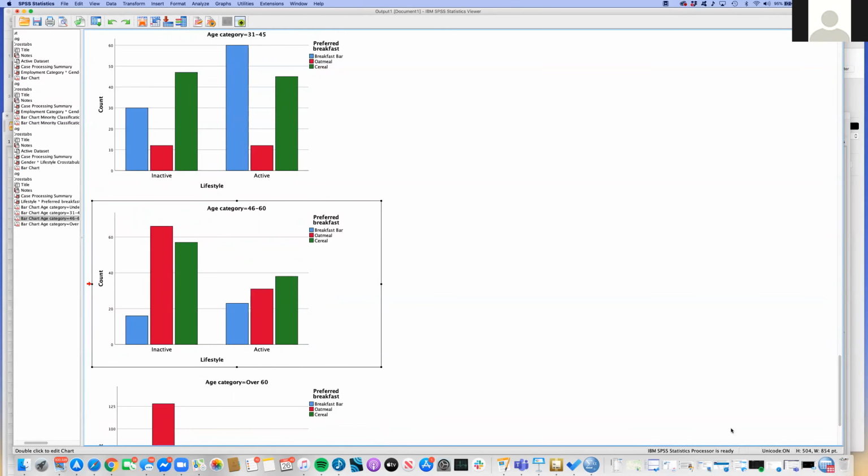Do you think the increase with the oatmeal, how can I say this? People eating oatmeal, is there a relationship between their lifestyle, their age, and how they tend to like oatmeal as they get older?